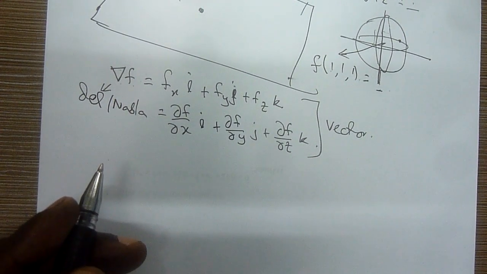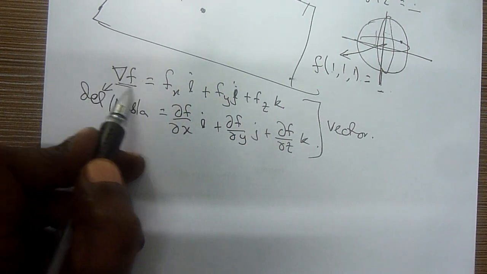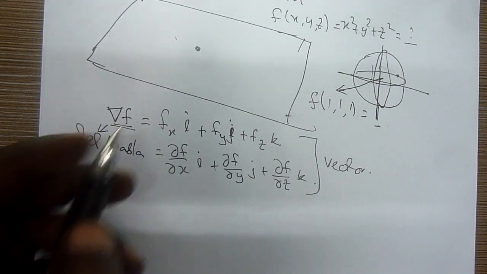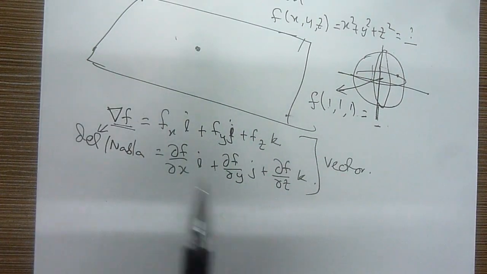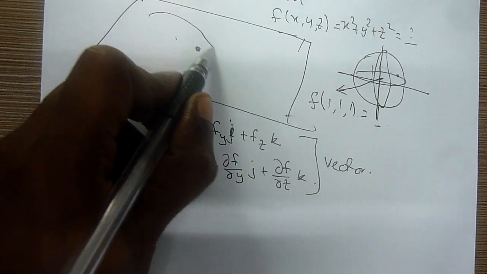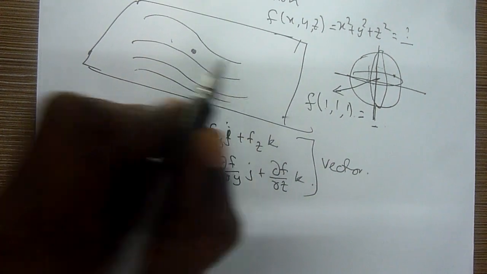Can we visualize the role of nabla F here? When I say this is a smooth surface, everyone will agree with me. You'll say yes, this is a smooth surface, but actually it's not. When I try to give some kind of idea here, you see, I'm trying to put it here, something like this.